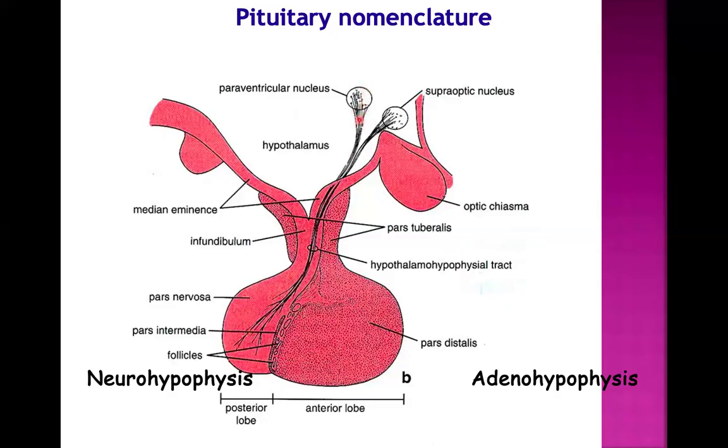You can see that the black lines go all the way into the posterior pituitary. So that is an example of the magnocellular system. There is no blood vessel involved. Later they will join the blood.